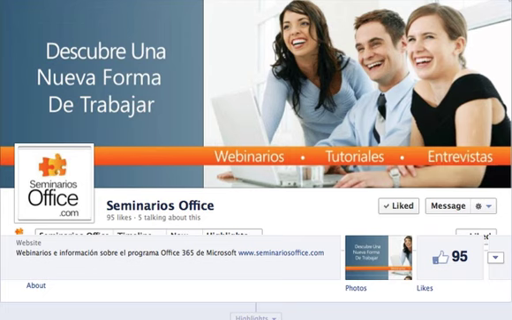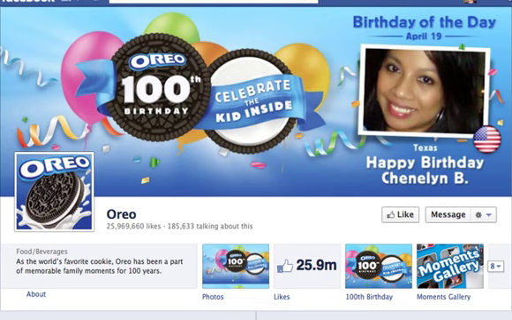So important to know. Then we have Oreo, not sure how to pronounce this, but what they are doing well is that they are celebrating a birthday. So they have April 19, which is today when I'm doing this, and that's really cool because they are giving more and more recognition for the people who are their fans.